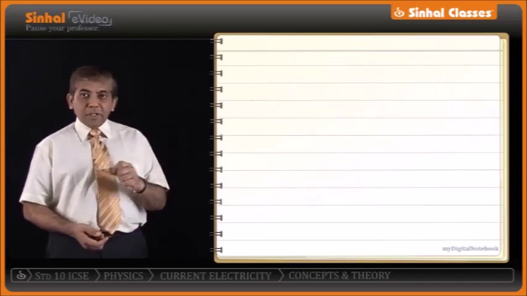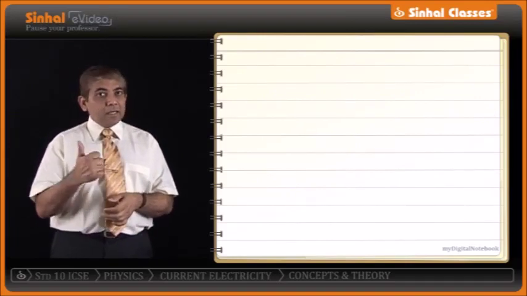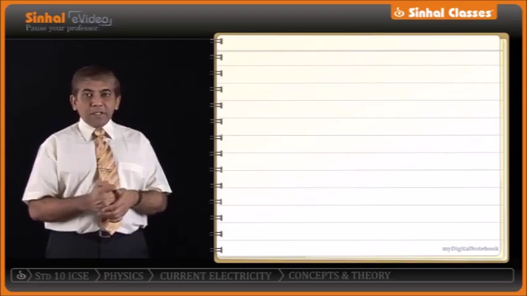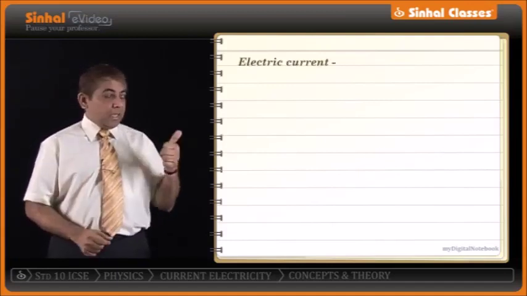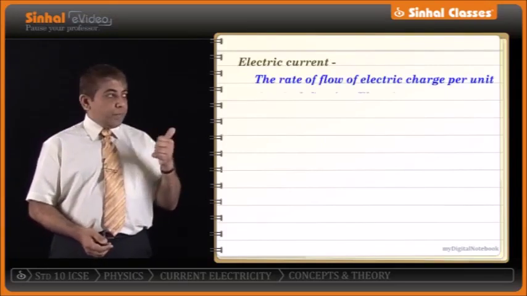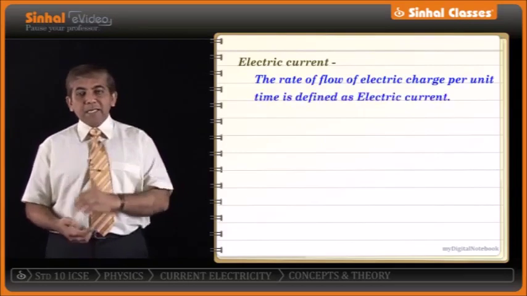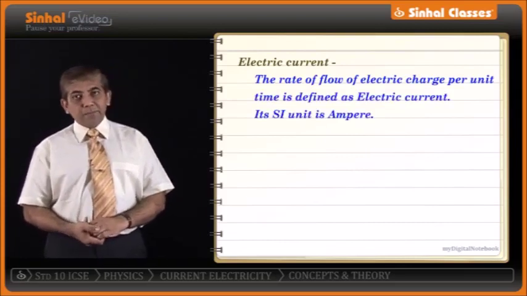Now that I have the potential drop, definitely I know that there is a flow of electric charge. This electric charge is flowing through a uniform cross section of a conductor in unit time. So the rate of flow of electric charge per unit time is defined as current. SI unit is coulomb per second, that is ampere.